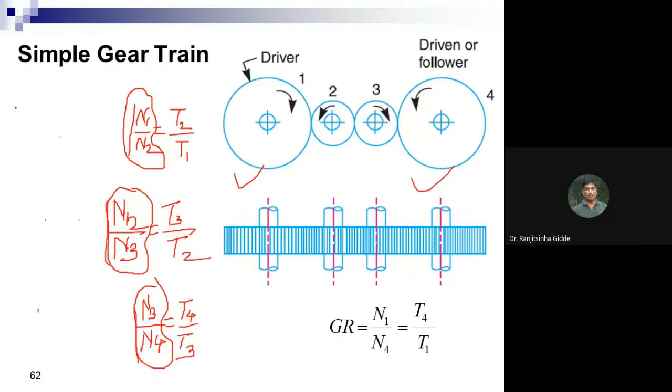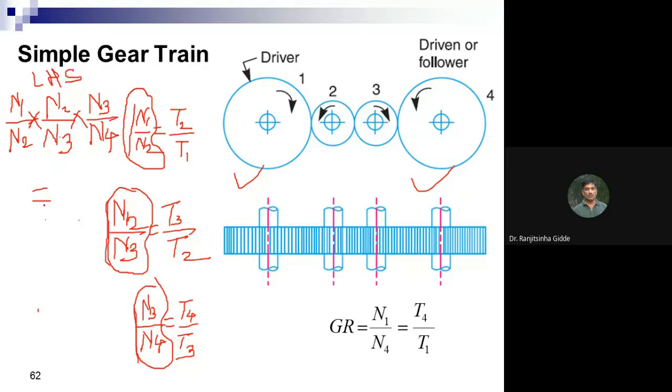I will write here n1 upon n2 into this n2 upon n3 into this n3 upon n4 is equal to, this one is LHS.